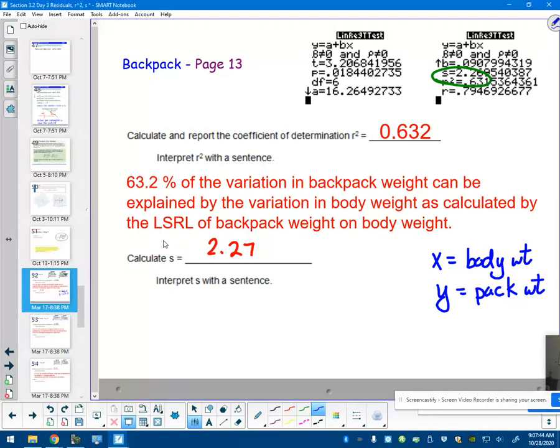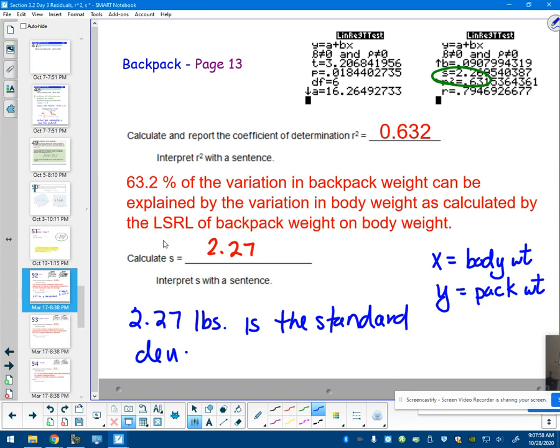So if I do this sentence, I would say 2.27 pounds, that's the unit, is the standard deviation of the residuals.